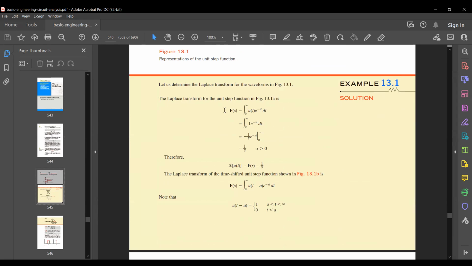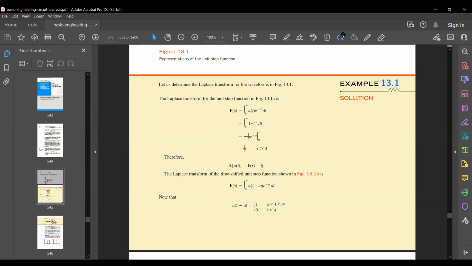Here we evaluate the Laplace transform of a unit function. With the use of integral calculus, we can evaluate the Laplace transform of a time domain function, using e raised to negative st, with the definition of the Laplace transform.